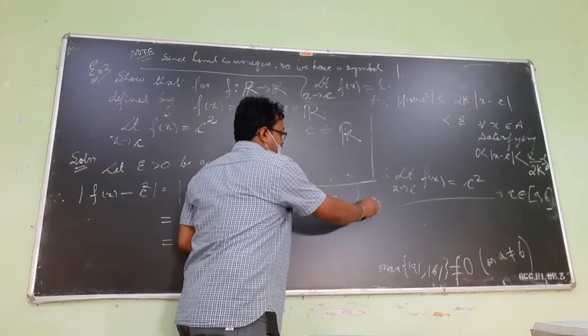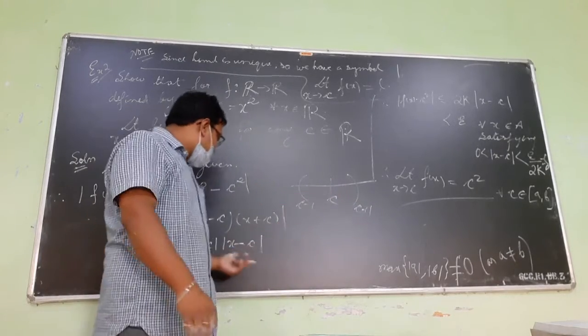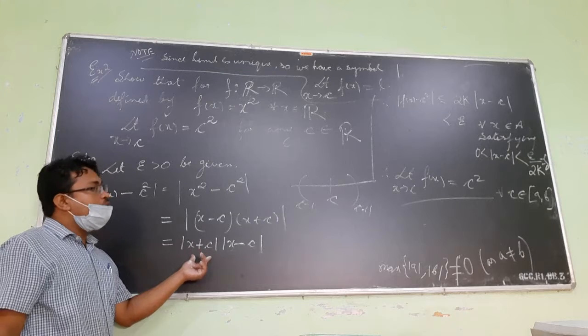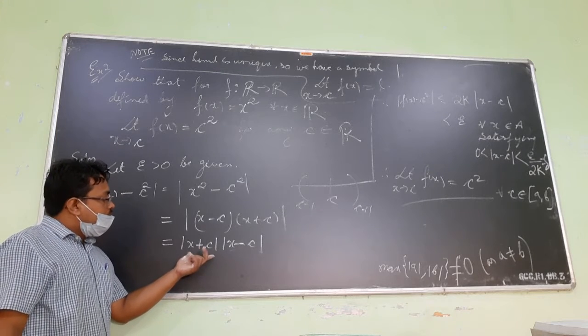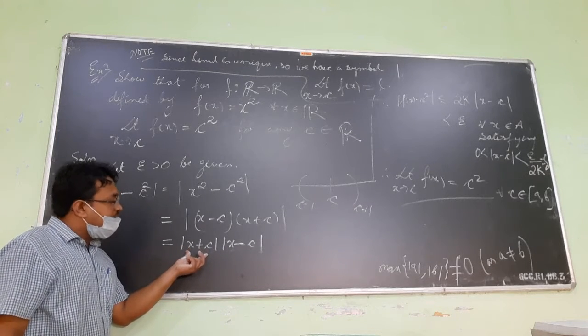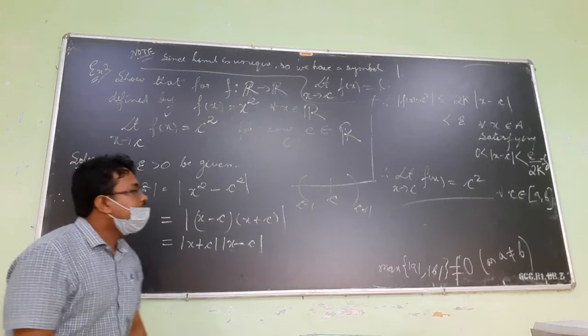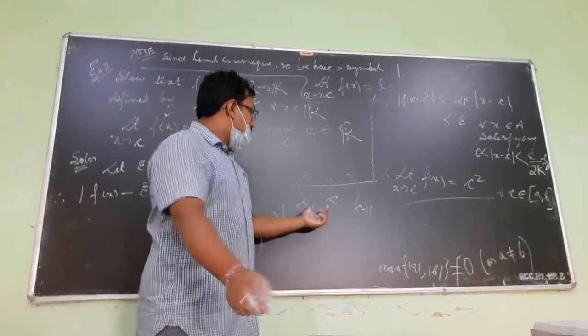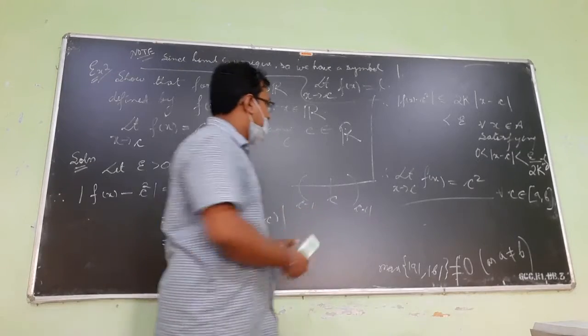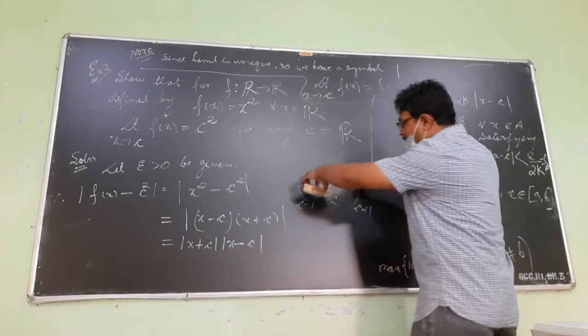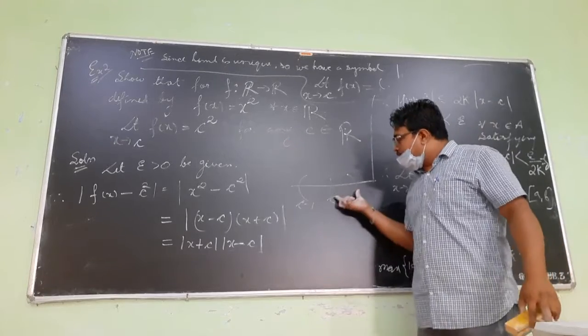So suppose we are restricting inside this particular neighborhood, c minus 1 to c plus 1. Inside that, we have to bound mod of x plus c. We are free to choose our working area, but ultimately we have to come very close to c.